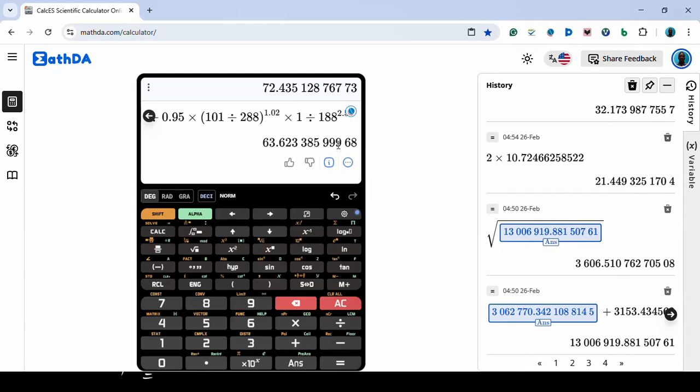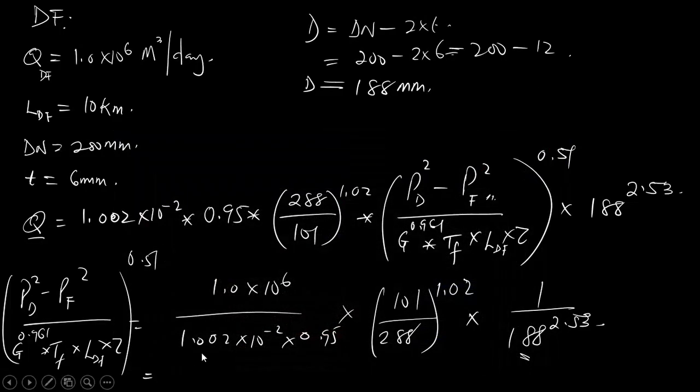So this is what we have here. We have 63.6. Let me just write it as 63.6. So the whole of this is 63.6.